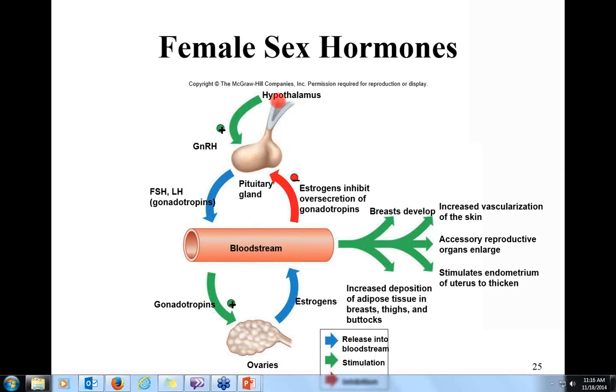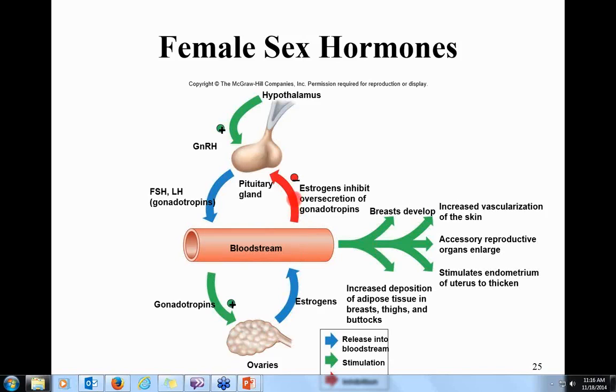And here, again, we have our hypothalamus secreting gonadotropin releasing hormone into the blood. It stimulates the pituitary gland to release the gonadotropins, follicle stimulating hormone and luteinizing hormone. They travel through the bloodstream, and they stimulate the ovaries to produce estrogens.